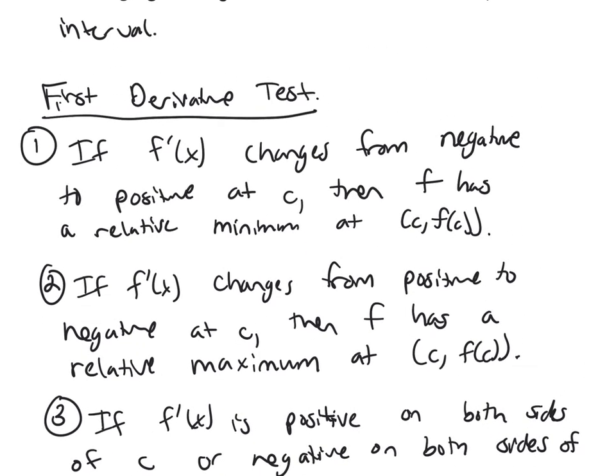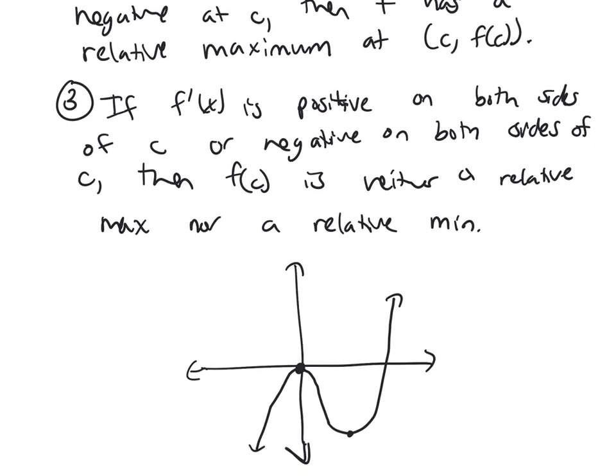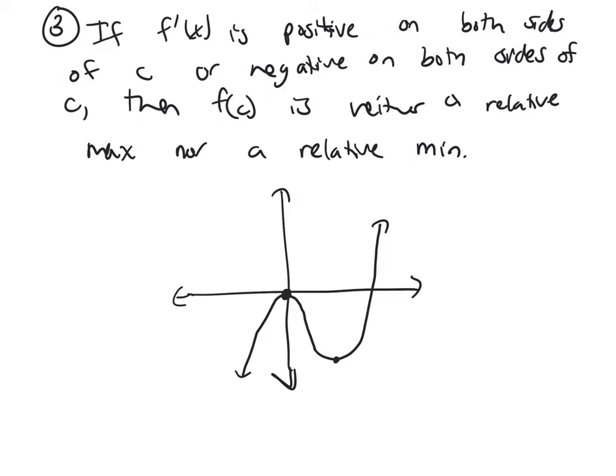It tells you if your derivative changes from negative to positive, so if your function is decreasing and then it switches to increasing, it tells us that this is a relative minimum. And that's exactly what happens at this relative minimum. Your function is decreasing down and then switches to increasing up.